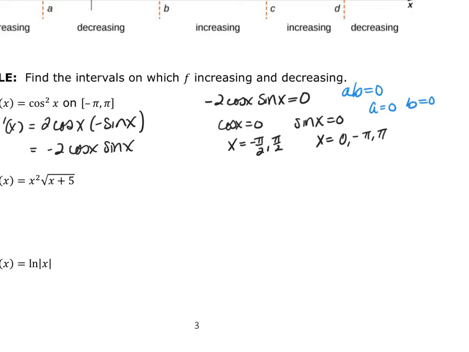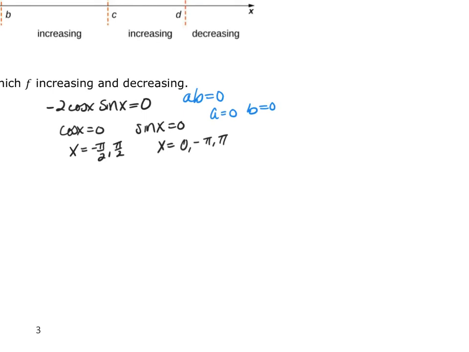The reason I need these is because I need to determine on my sign chart where I'm going to break up my sign chart. Do I have to worry about the endpoints, the negative pi and pi? No, I'm not going to worry about the endpoints. So I'm going to do my sign chart just like I learned back in pre-calc 1. This time I do need the negative 2. I'm going to do the cosine x.